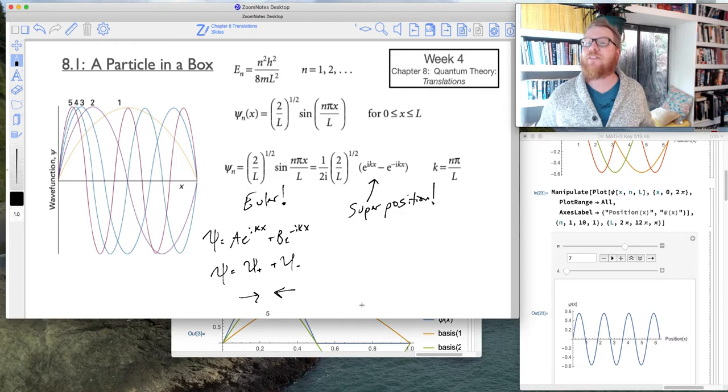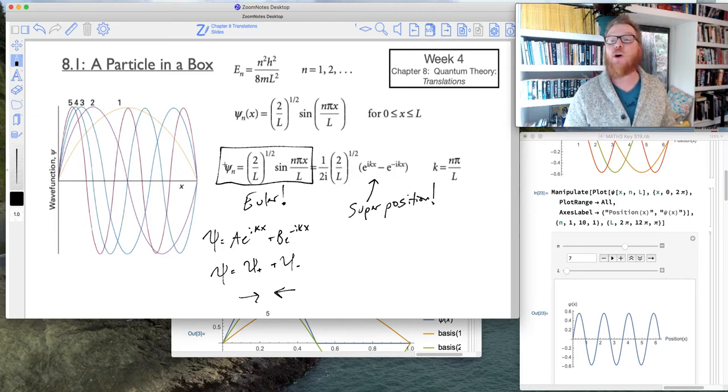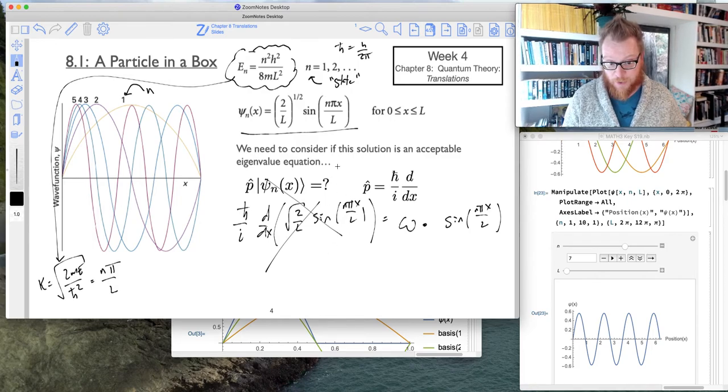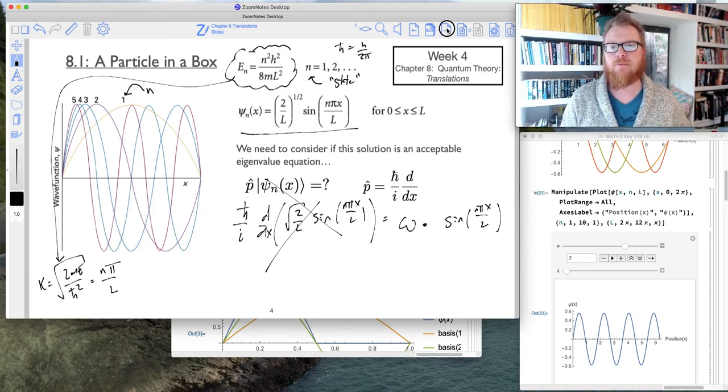So just built in naturally to this sine function that I'm going to separate right here, this already describes a superposition of eigenstates. So this error that we ran into, yeah, that's an issue, but it's an issue that we can basically move right past.